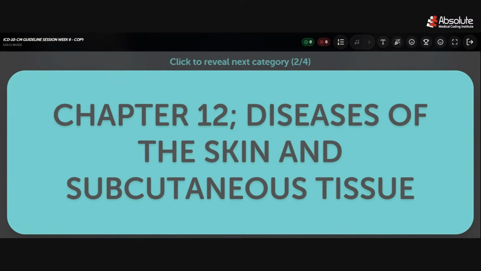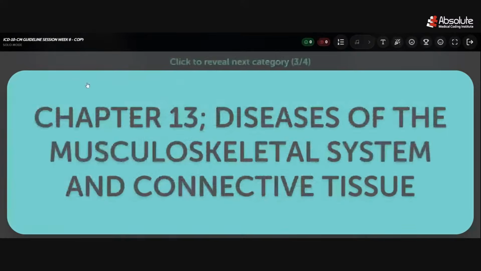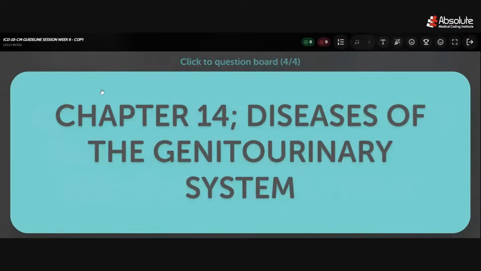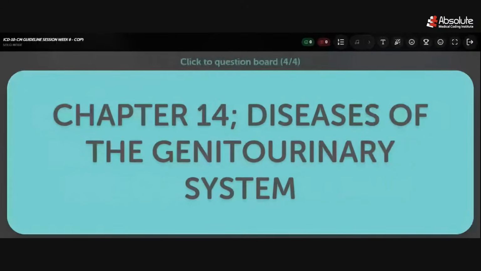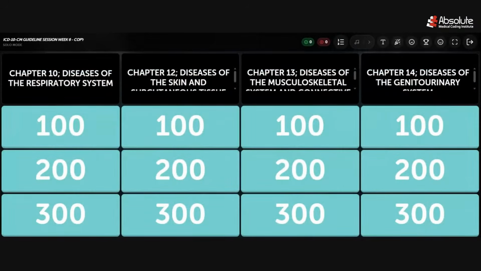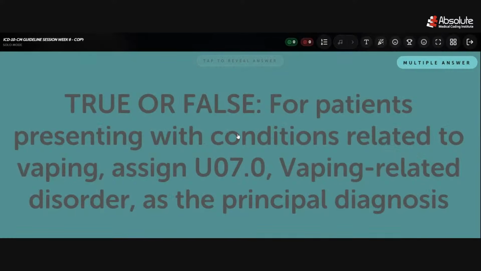That's why we're going from chapter 10 to chapter 12. We also have tissue, and last but not least, chapter 14, diseases of the genitourinary system. Okay, so without further ado, let's get started from our chapter 10. And again, these are all going to be found within your ICD-10-CM book or your MCG manual. So let's see what we got up first.